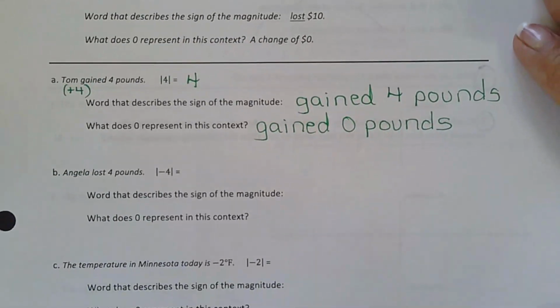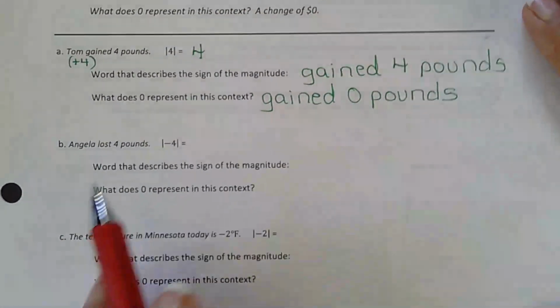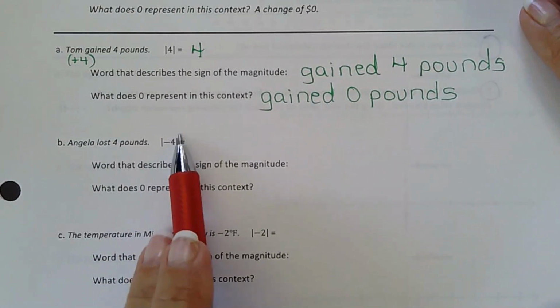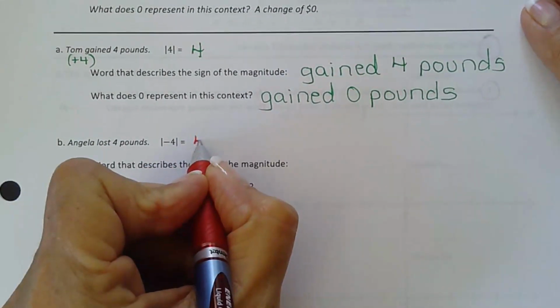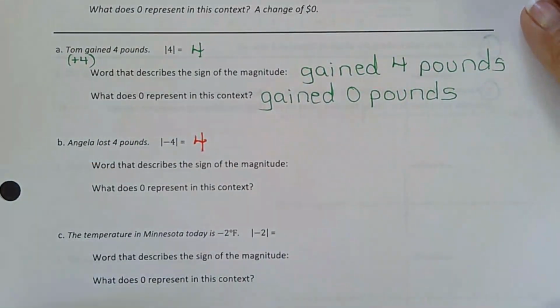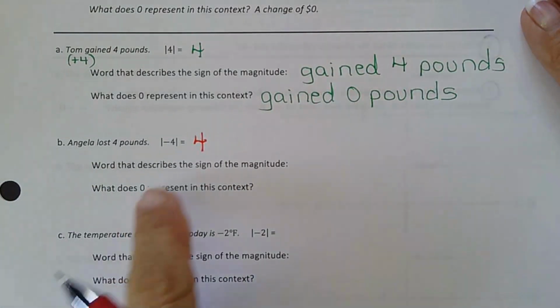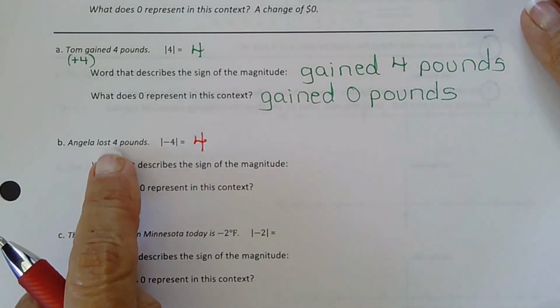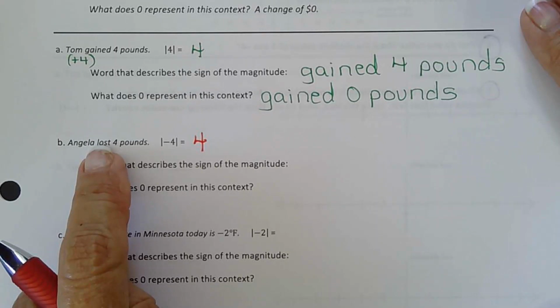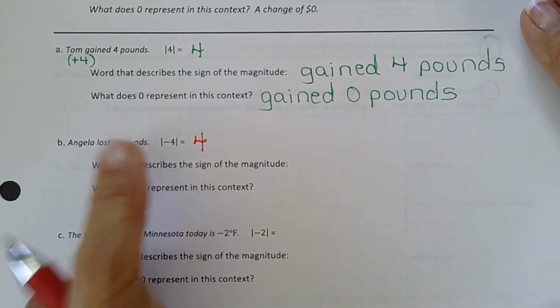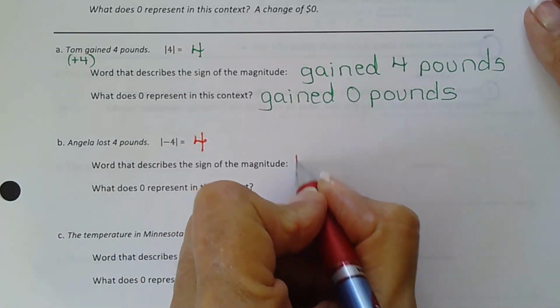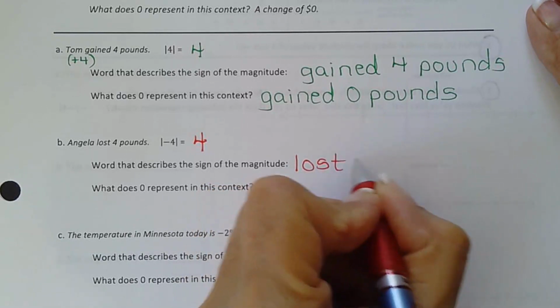And then we can do the same with the negative, the absolute value of -4. Again, always positive, so it's +4. A word that describes the sign would be lost 4 pounds. That's how we know it's negative. So lost 4 pounds.